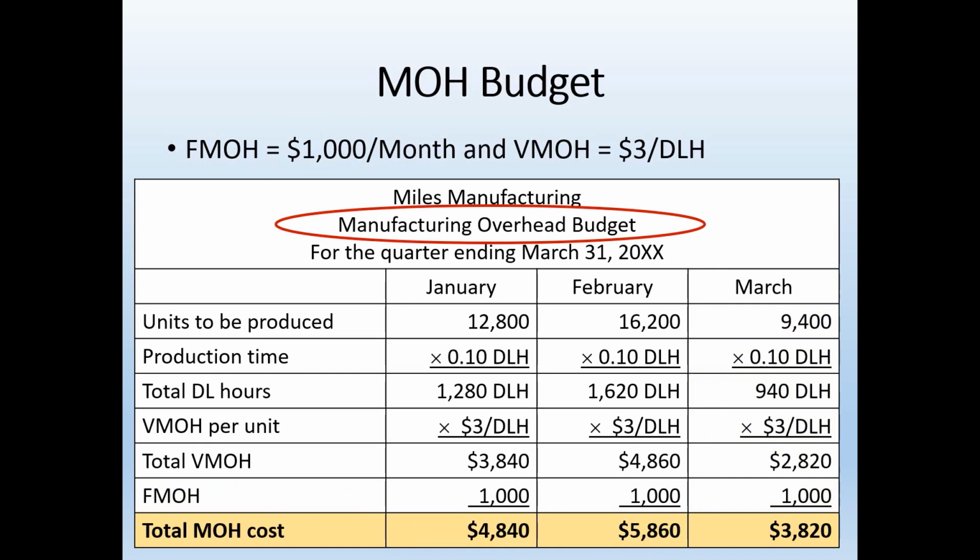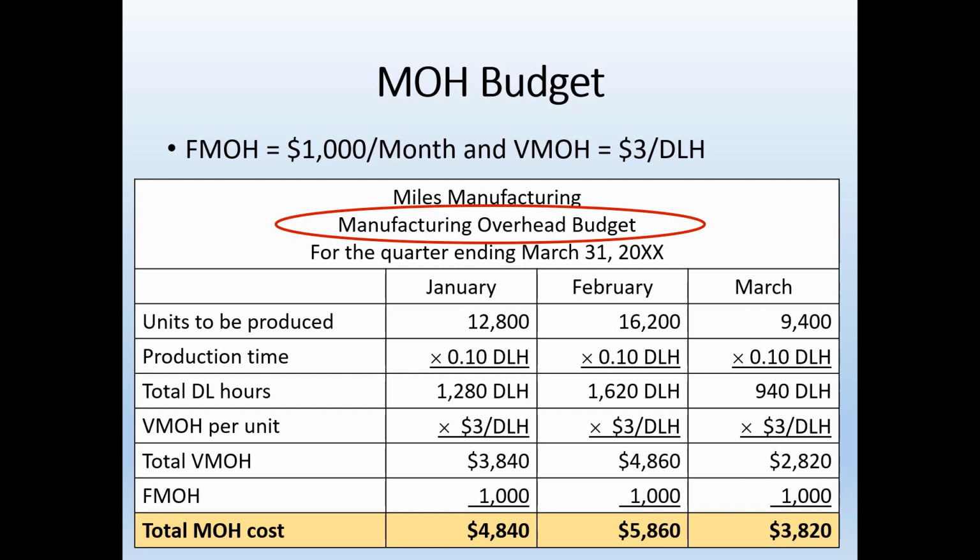Altogether, the manufacturing overhead budget tells the firm how many dollars it's likely to need in January, February, and March to cover its manufacturing overhead costs.